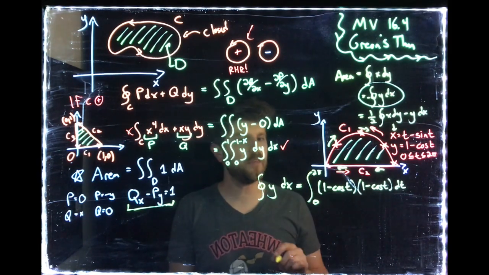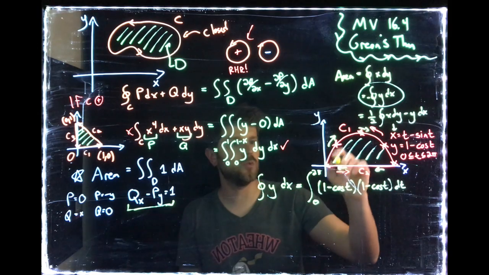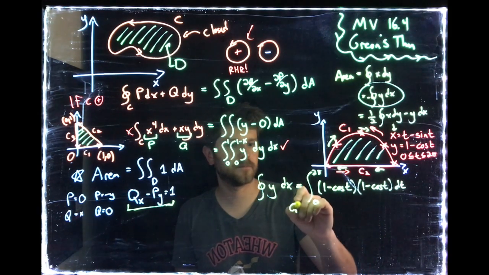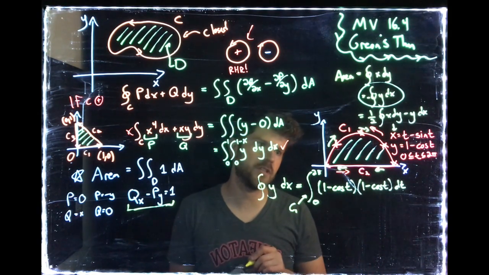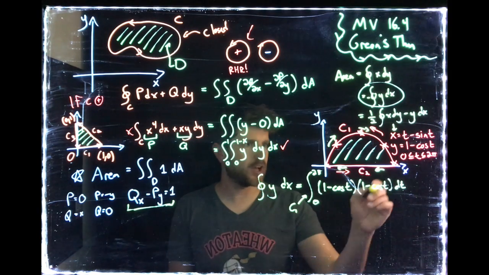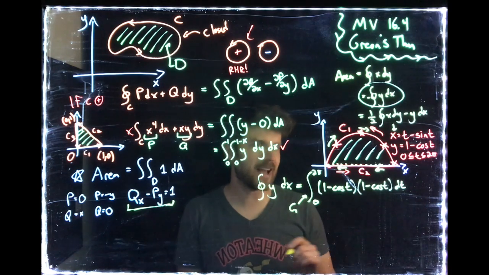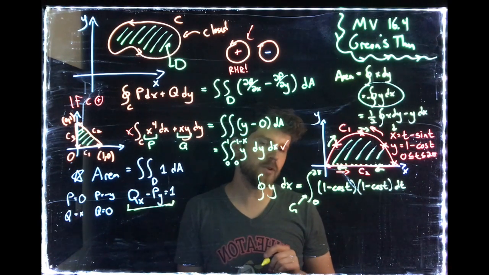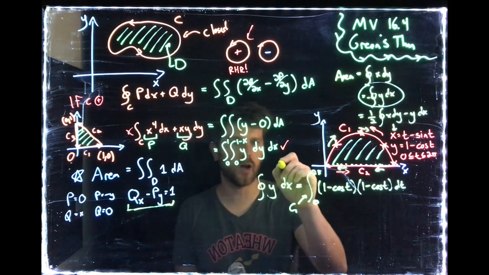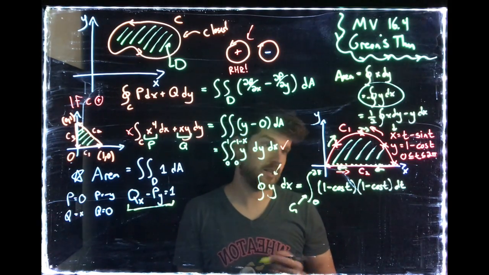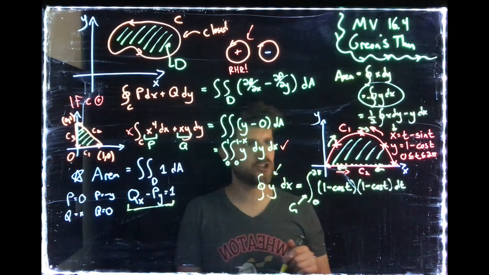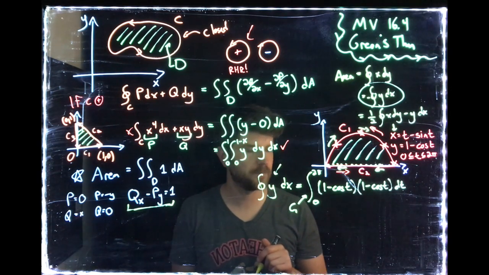Now, to be fair, this is actually only C1. It's going to turn out that the line integral along C2 is exactly equal to 0. And the reason is, well, what's y equal to everywhere along C2? It's equal to 0. So the bottom part actually doesn't contribute anything to our line integral.